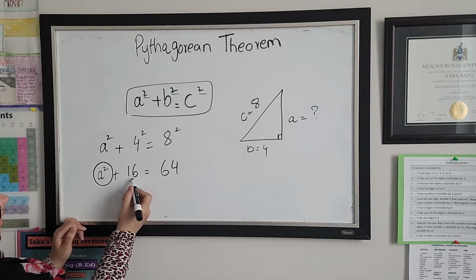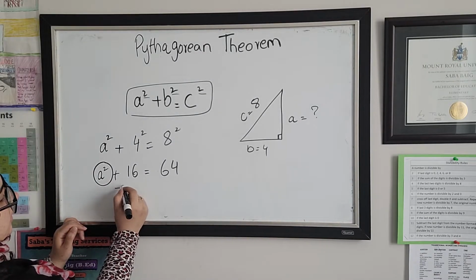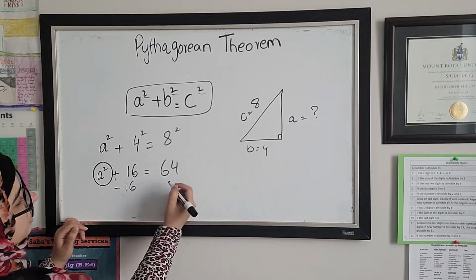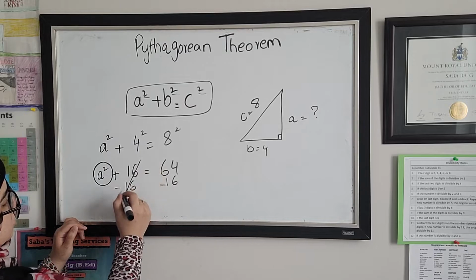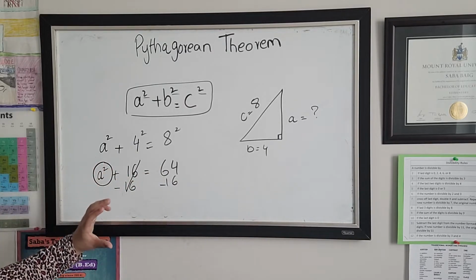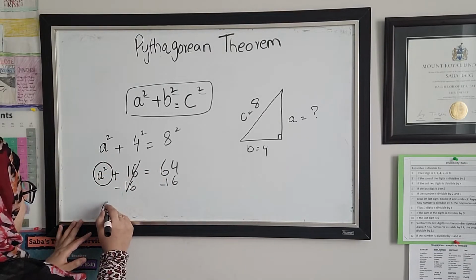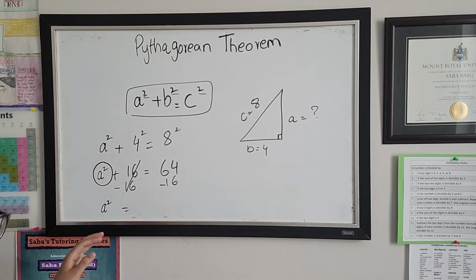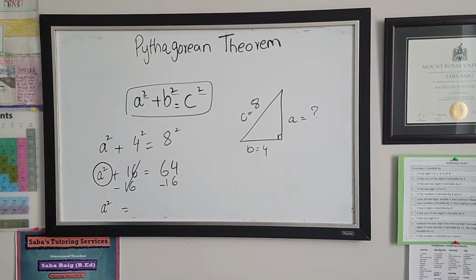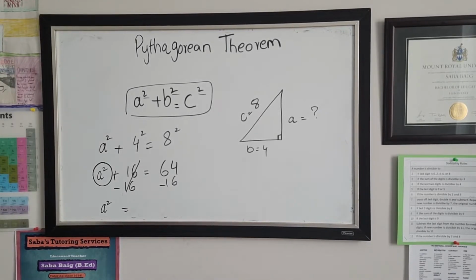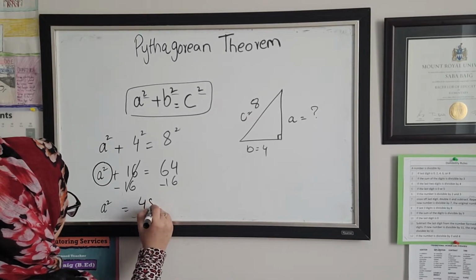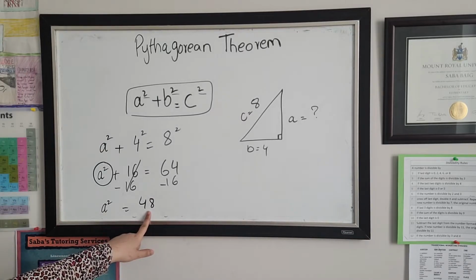The opposite of plus 16 is minus 16. That becomes a zero pair. And I have to do the minus 16 over here as well. So this is gone. Negative and positive becomes a zero pair. You are left with a squared equals, what is 64 take away 16? 64 take away 16 will give you 48.